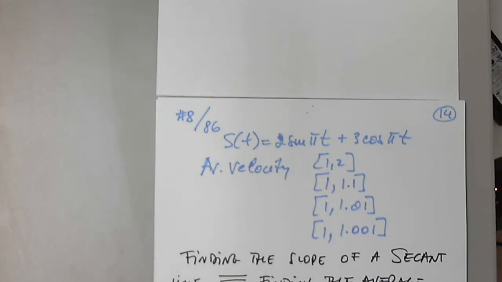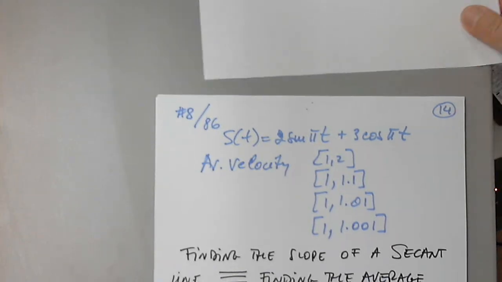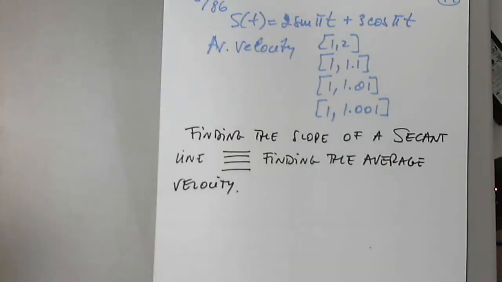It's still the same thing. 2 points on the distance formula. Same thing. y2 minus y1 over x2 minus x1. So finding the slope of the secant line is identical with finding the average velocity.